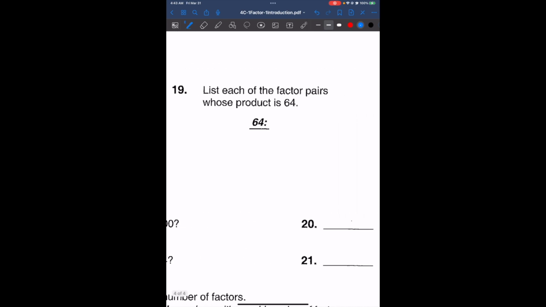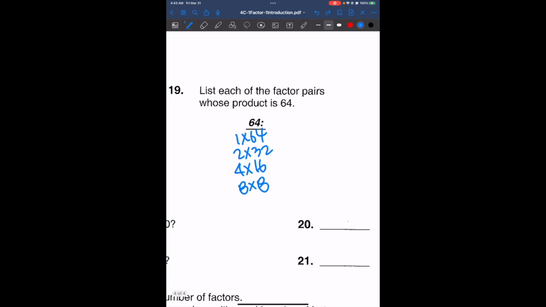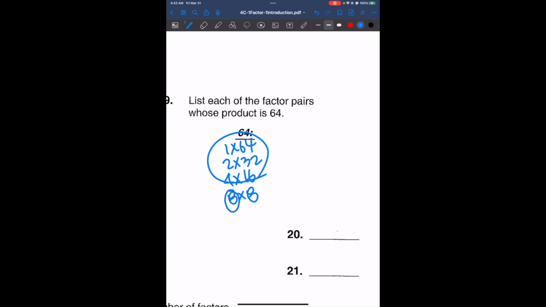List each of the factor pairs whose product is 64. 1 and 64, 2 and 32, 4 and 16, and 8 times 8. And for this, we can write it as a factor pair, but when we talk about how many factors we have of 64, it's going to be 7, because it's going to be these 6 and 8, because we only count 8 once.